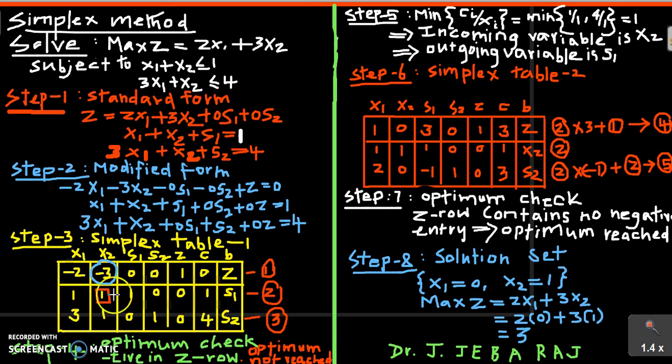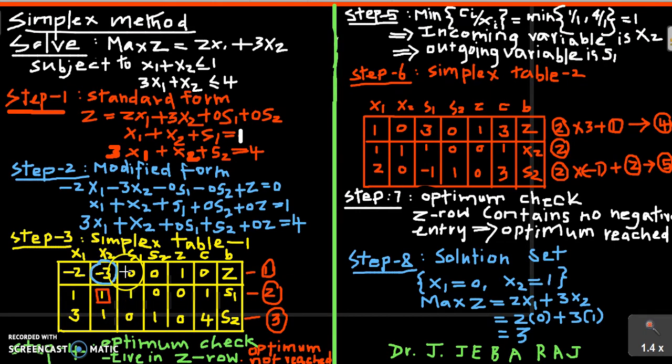We have to find the ratio of this number divided by this number, and among them take the minimum. 1 by 1 we have here, and 4 by 1 we have here. So the minimum is 1. So this is the minimum ratio, this divided by this.